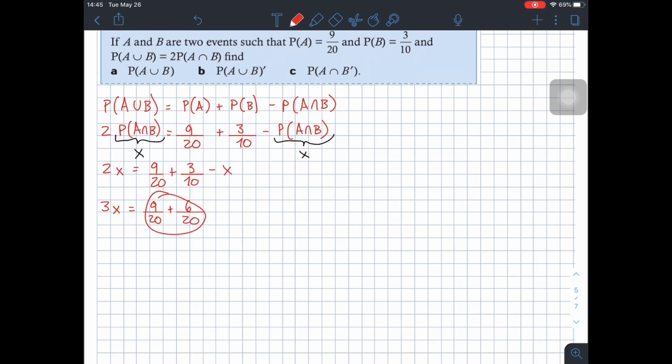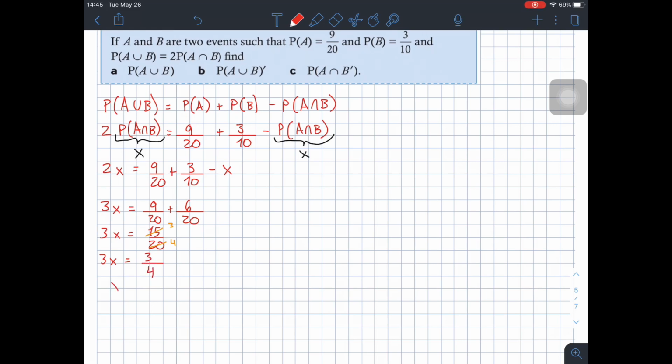So this is much easier to add. We're going to have 3x equals 9 plus 6, that's 15 over 20. And we can simplify this: if I divide by 5, it's 3/4. So 3x is equal to 3/4.